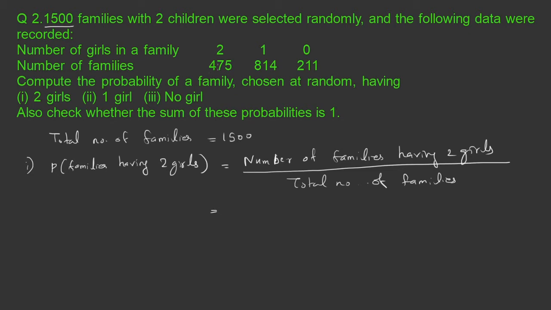From this data I can easily find number of families having 2 girls is 475 and total number of families is 1,500. So, the probability of families having 2 girls is 475 divided by 1,500.